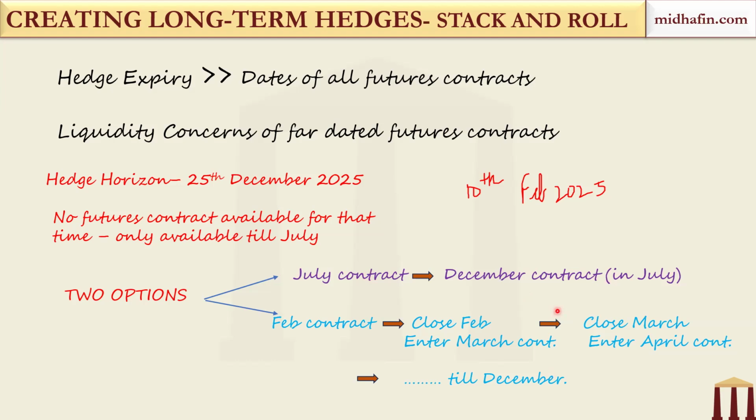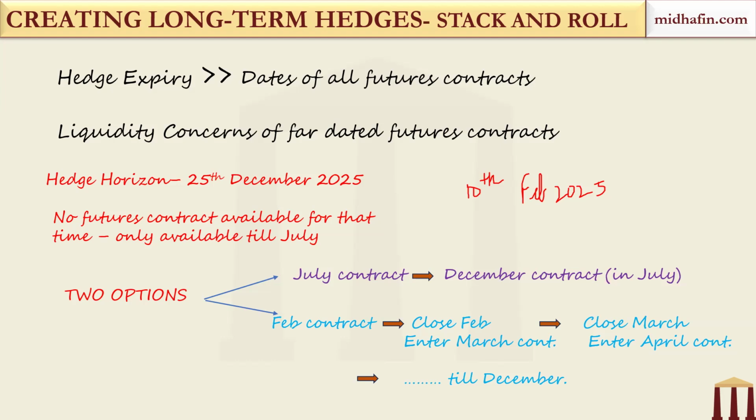That is the problem, because the contracts were so illiquid. You see this. Can you even compare the size? You see 9,000 lots and only 5 lots. So the bid ask spread for the last dated contracts is very, very high.